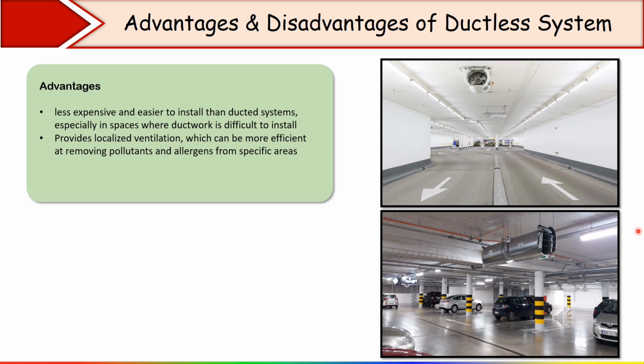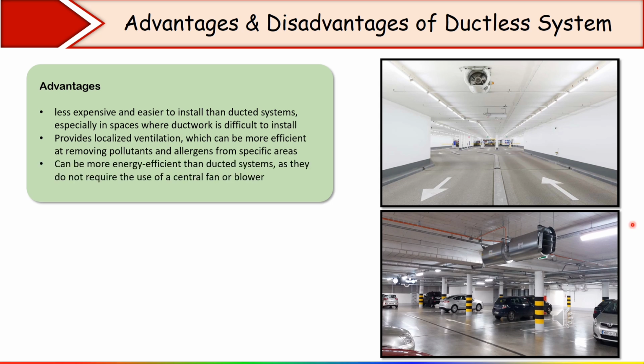Generally, in a basement we do not have that much height available. So when you install the ductwork, it is very complex to install. In that area you can just go through a ductless ventilation system, because here we do not require that much height, we only have to install the jet fan.